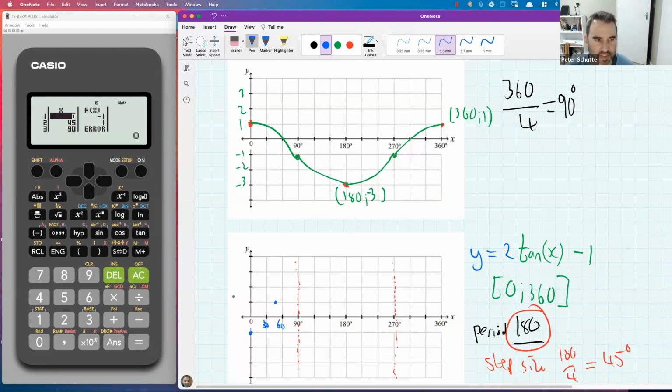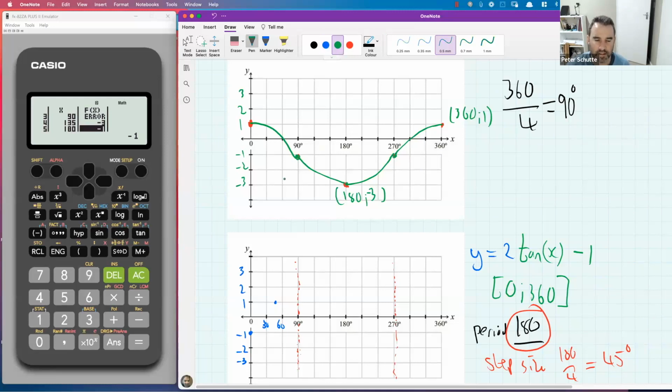Okay, and then what's going on the other side? Let's have a look. 135, which would be here, and that's going to be, let's actually put these numbers in. So that's minus 1, 1, 3. So having the numbers there makes it easier to plot the points.